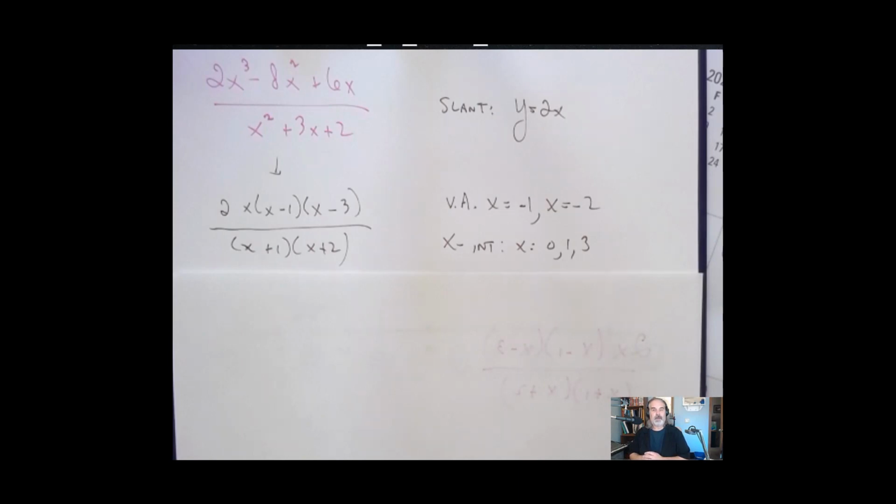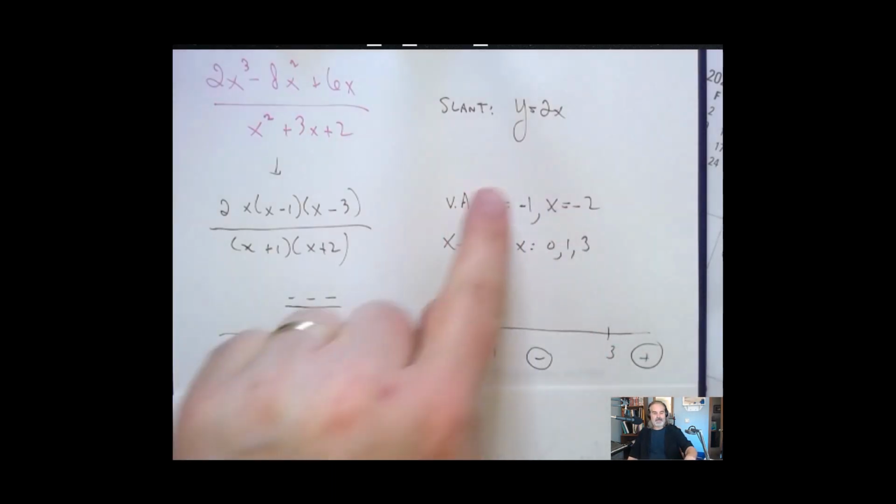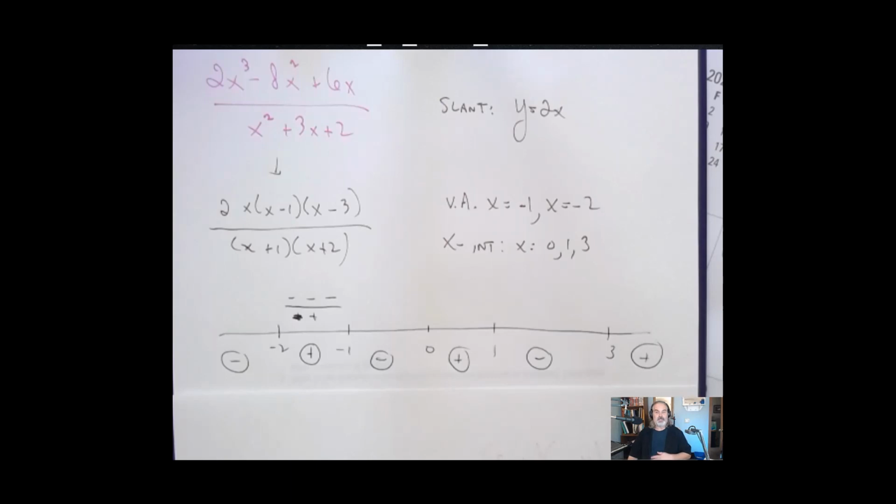Let's prepare, besides the skeleton of asymptotes and x-intercepts we have here, let's take a look at where we expect this graph to be positive and negative. I've done exactly the same thing as before, where I just made a number line with the key x values where behavior changes.